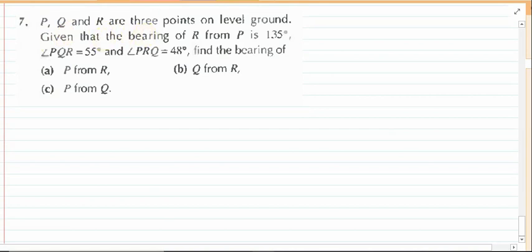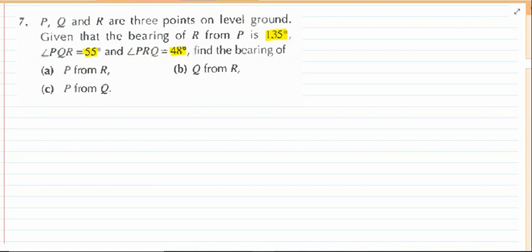Given that the bearing of R from P is 135, that is one important condition. Now in your mind, now you have a clear idea where should be 135 degree lies, right? Angle PQR is 55 degree, angle PRQ is 48 degree. Find the bearing of P from R.